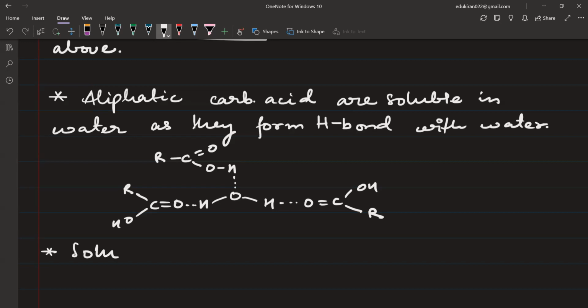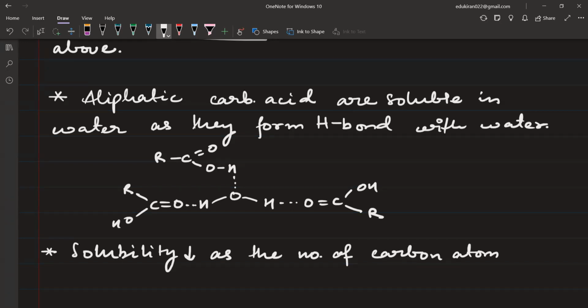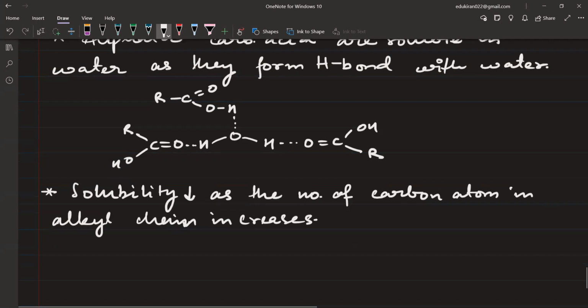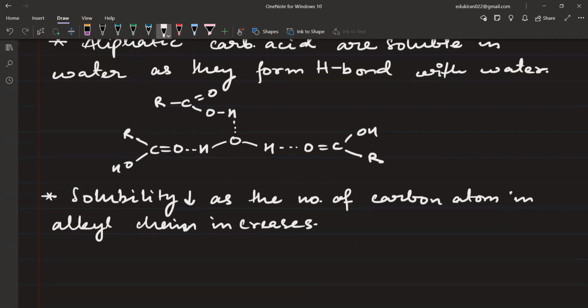But solubility decreases as the number of carbon atoms in the alkyl chain increases. Why? Because the alkyl chain is non-polar, it is not favorable for solubility. And because of this, benzoic acid is not soluble in water.